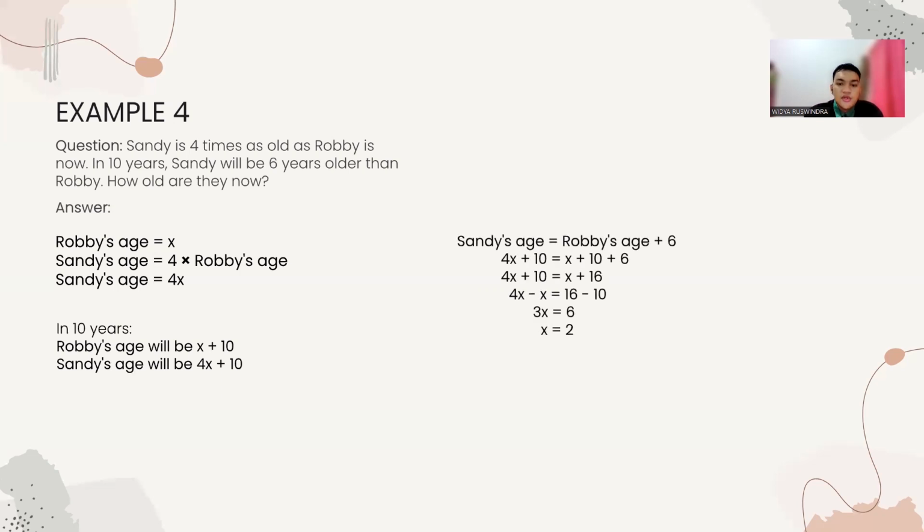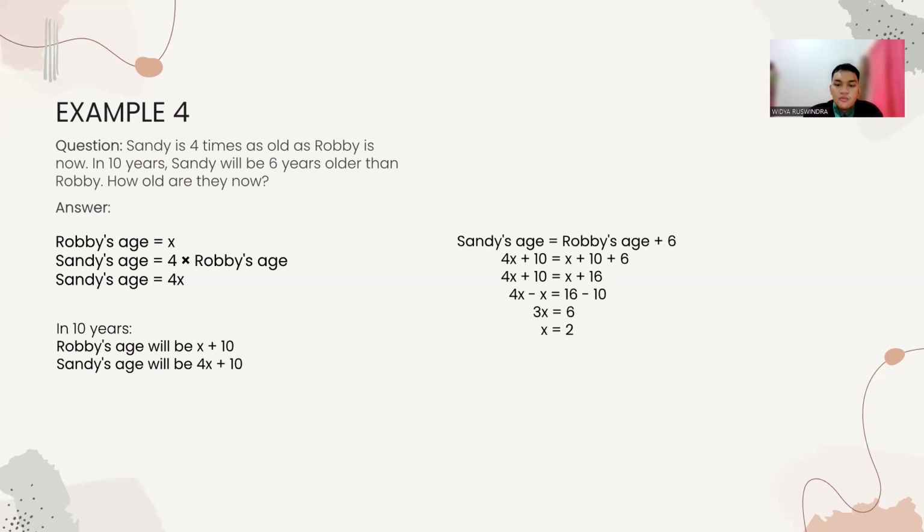So from the question, we know Sandy's age equals Robbie's age plus 6. And Sandy's age is 4x plus 10 equals Robbie's age plus 6, which is x plus 10 plus 6. We get 4x plus 10 equals x plus 16.